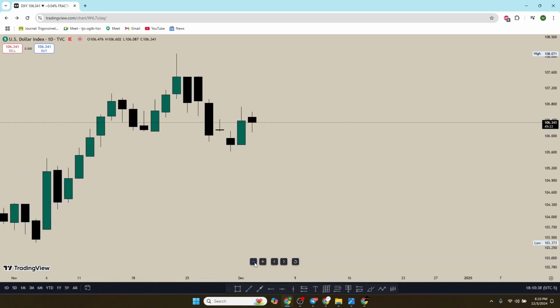Last 20 days is about this low to this high. So as you can see, price is in a premium. Just grab my Fibonacci to show you from this low to this high.